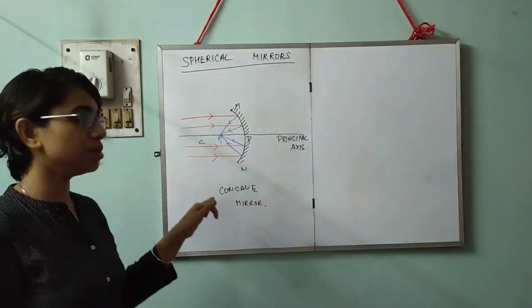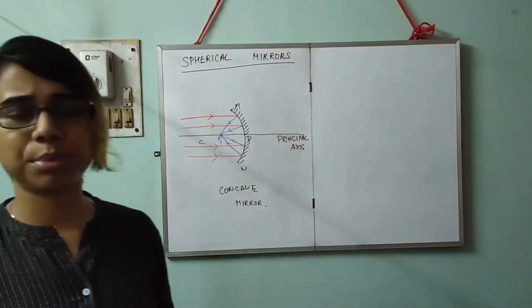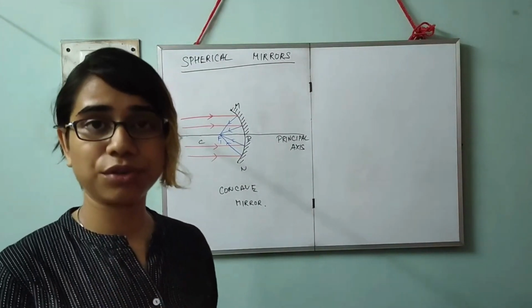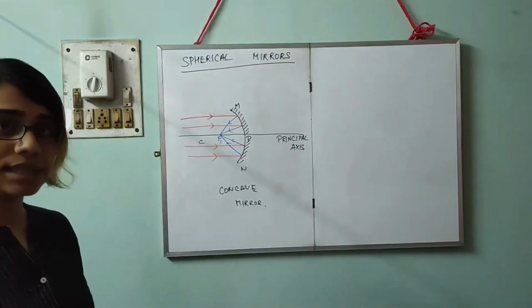So, in some cases, when the aperture is very low, the distance from C to P, that is from the center of curvature to the pole, is twice the focal length.